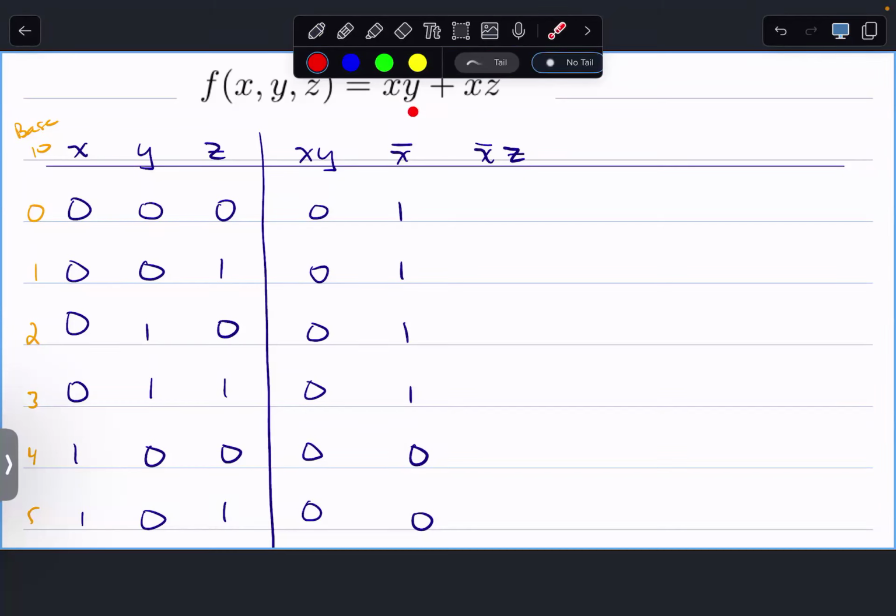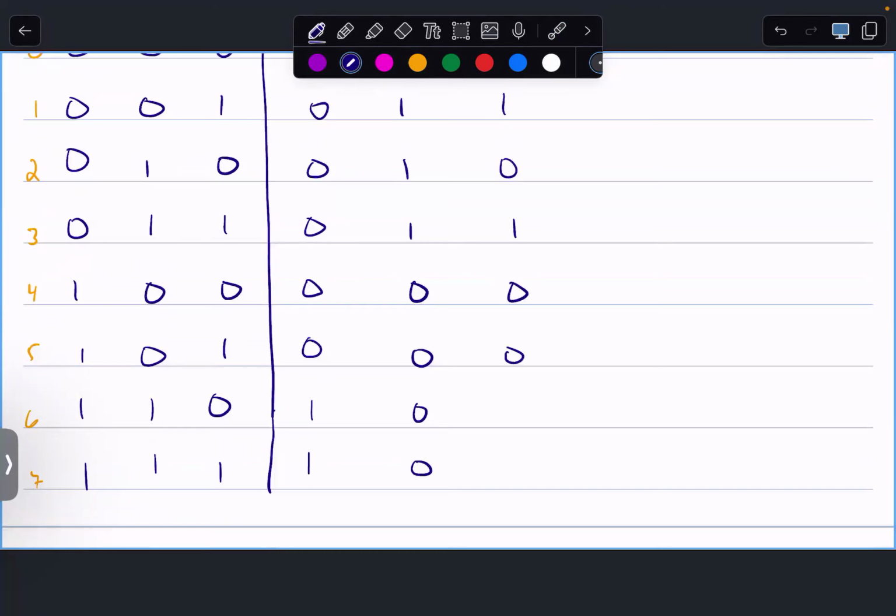So it's a different method of doing exactly what we did earlier, but it's separate. So you only have to do one or the other. If you like this way better, which I suspect you might, then go for it. So we've got X times Y, and we've got not X to build a not X Z. So now not X times Z, let's see. Luckily order doesn't matter: 0, 1, 0, 1, 0, 0, 0, 0.